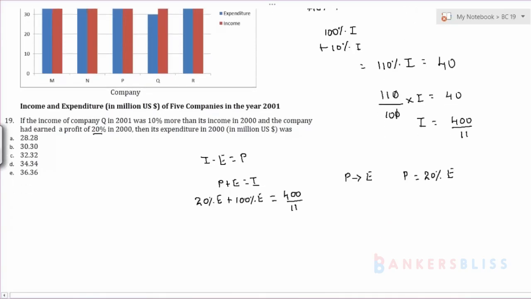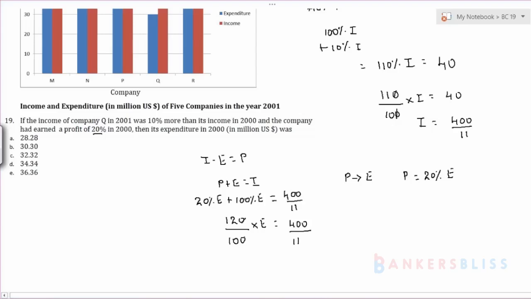This concept we have already discussed in profit and loss, so I am not going into detail. 20% expenditure plus 100% expenditure gives 120%, which can be written as 120 by 100 into expenditure is equal to 400 divided by 11.